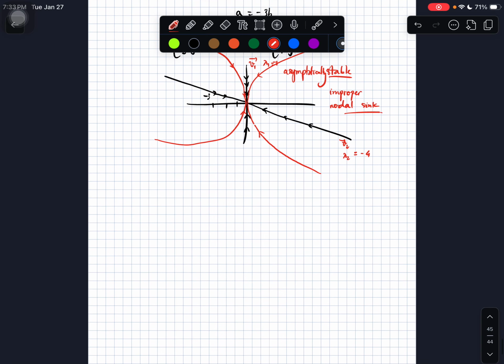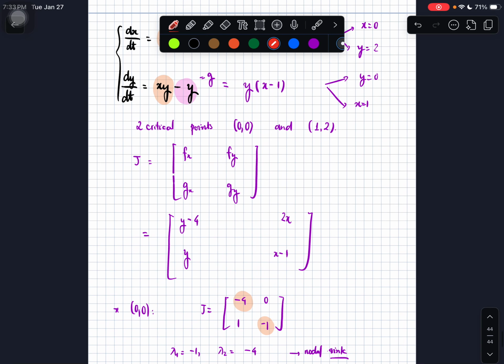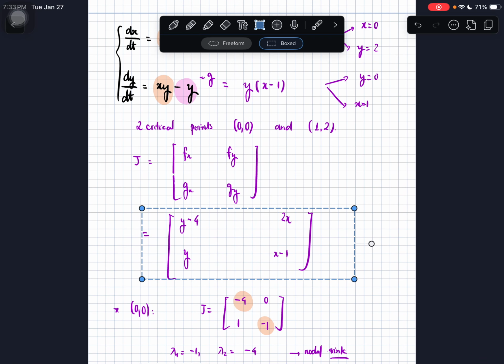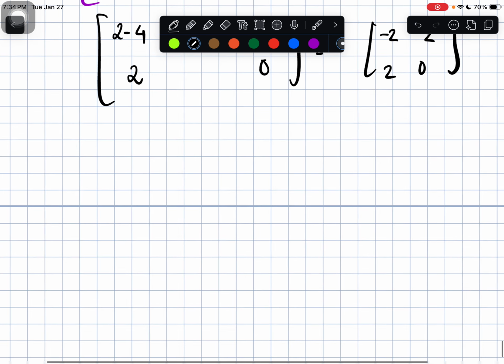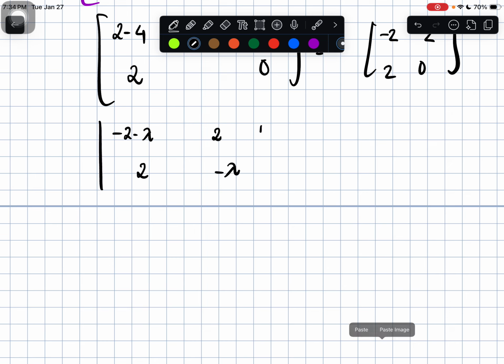Let's do the other one, (1, 2). We have the Jacobian 2, minus 4, 2, 2, 0, which gives minus 2, 2, 2, 0. Minus 2 minus lambda, 2 minus lambda. The characteristic equation is lambda squared plus 2 lambda minus 4.